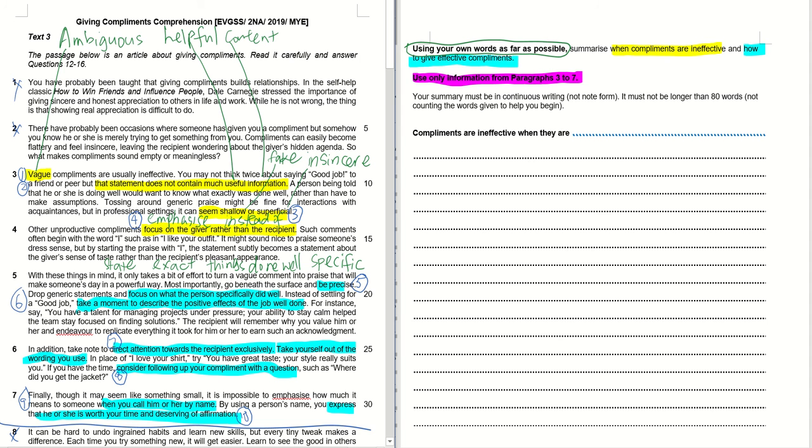Okay. Take a moment to describe positive effects of the job well done. So that can be elaborate. Elaborate is describe. Positive effects of the job well done can be good outcomes.